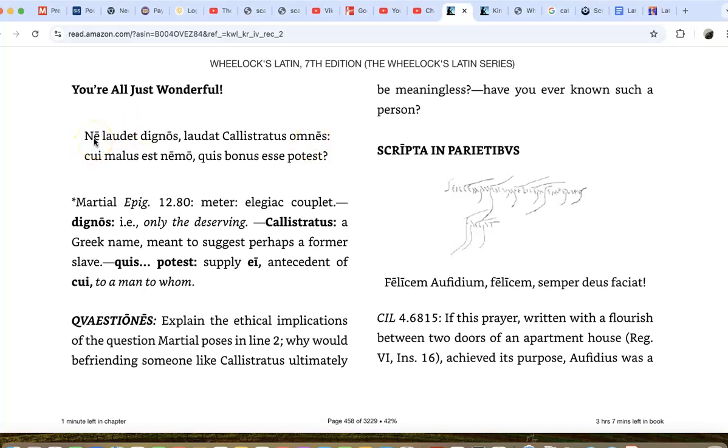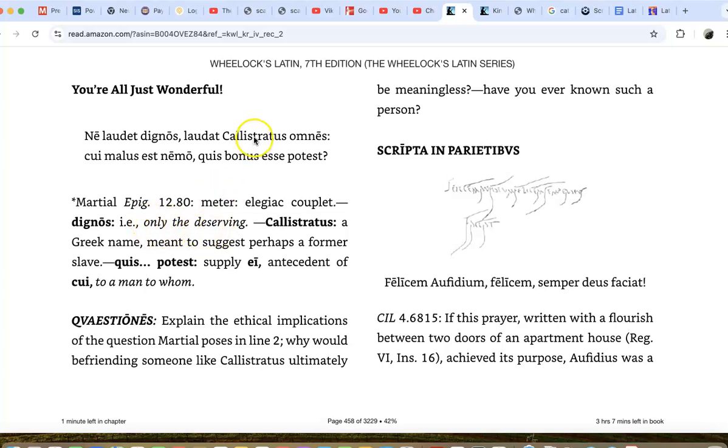lest, L-E-S-T, he praise those who are worthy. Literally, lest he praise only the deserving. In fact, let's go with that one.